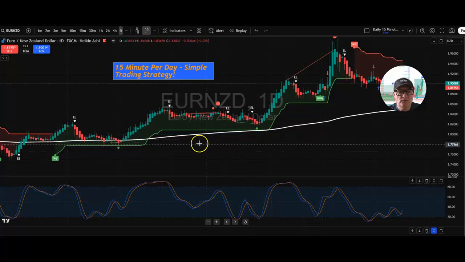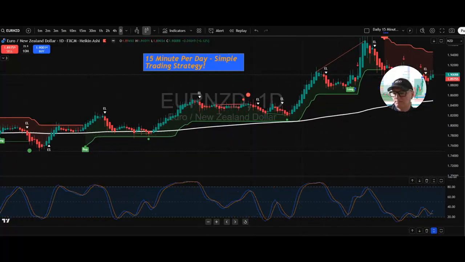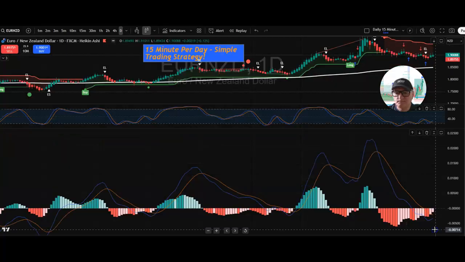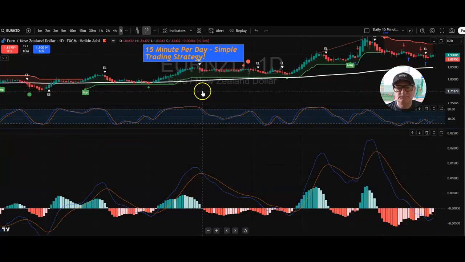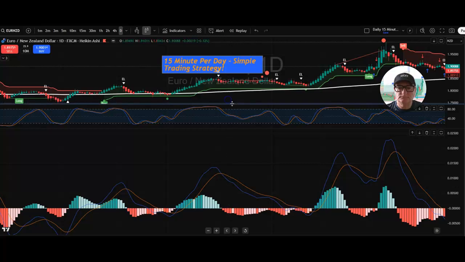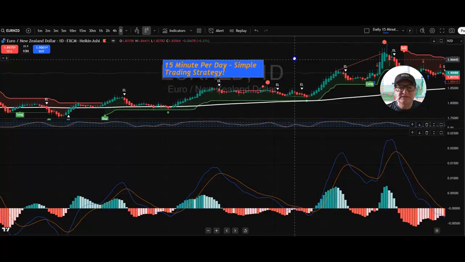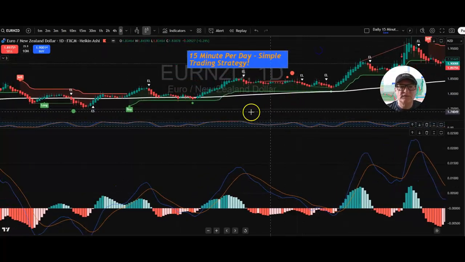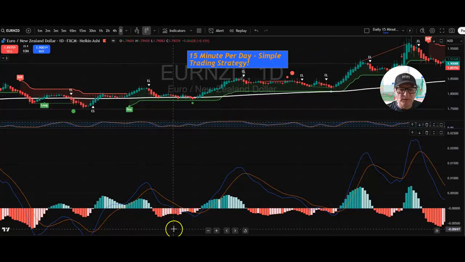So let's do the rules. MACD. The first thing we see, to tick box the system, is that price is above the 200-day moving average, which is this white line.